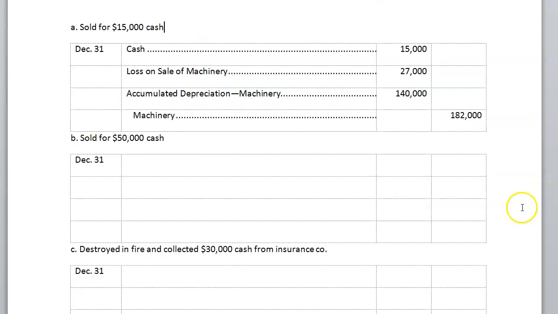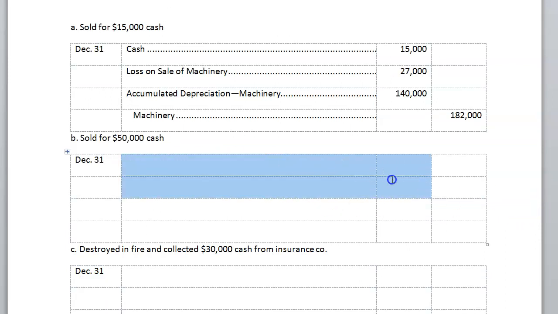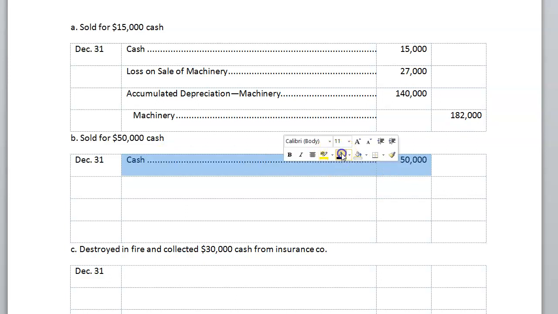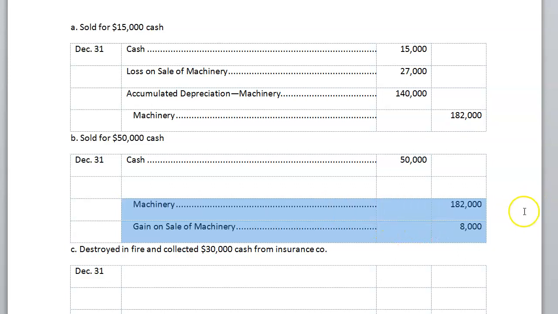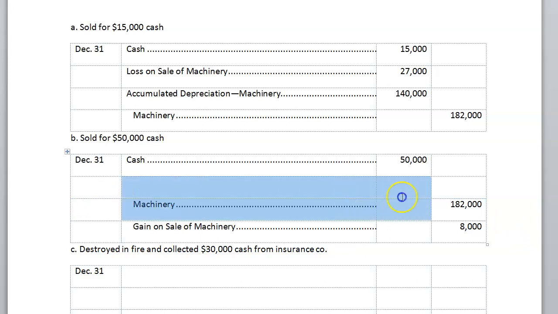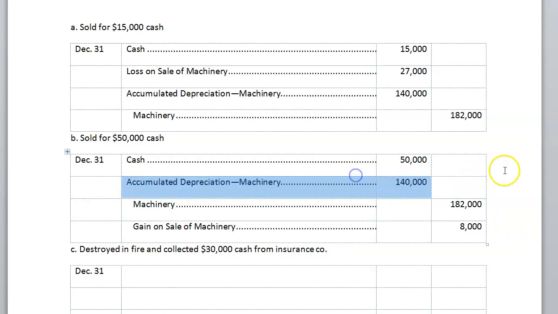The next example is if we sold it for $50,000. So we're going to debit cash for $50,000, and we're going to write off the asset and its accumulated depreciation. In this example, we're receiving more cash, $50,000, than the book value.